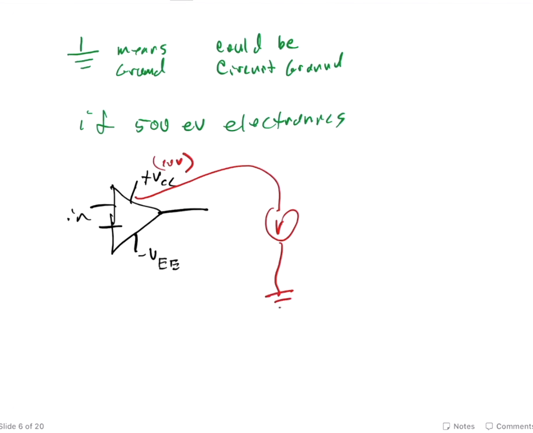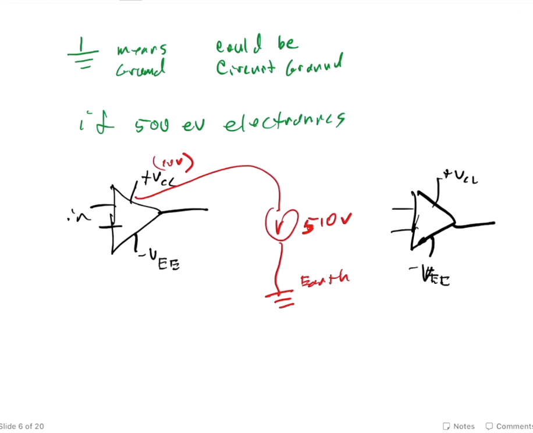If you measured to earth, you might see 510 volts, a very big voltage. But if you did a different measurement, and instead used the power supply as your reference, you've got 500 volts there.